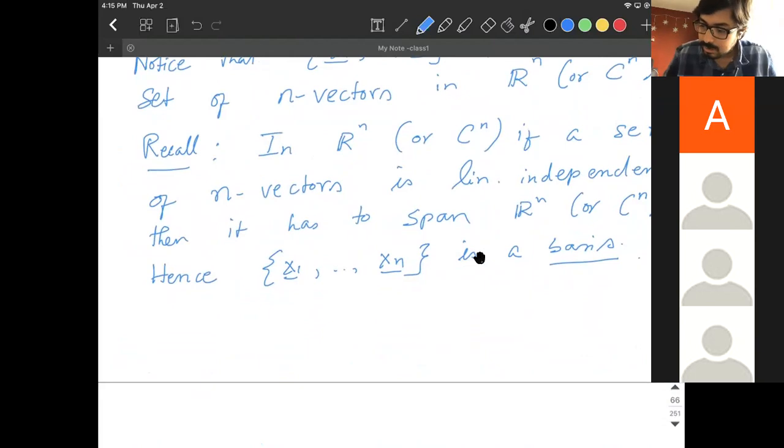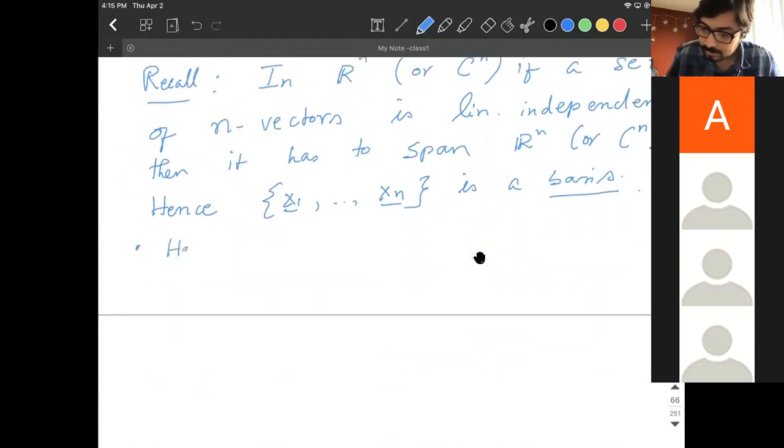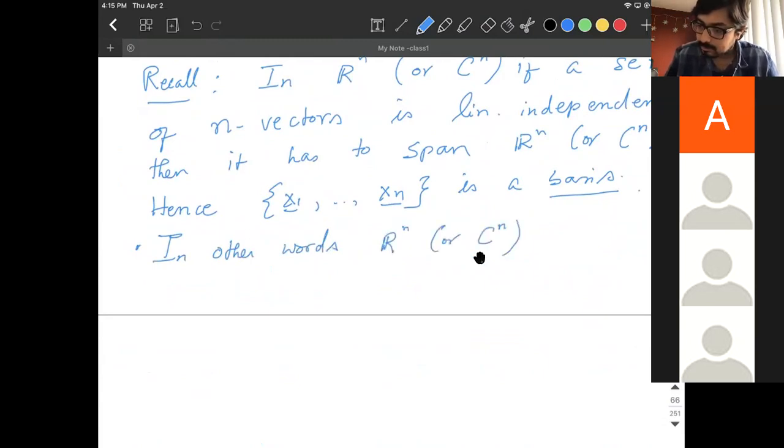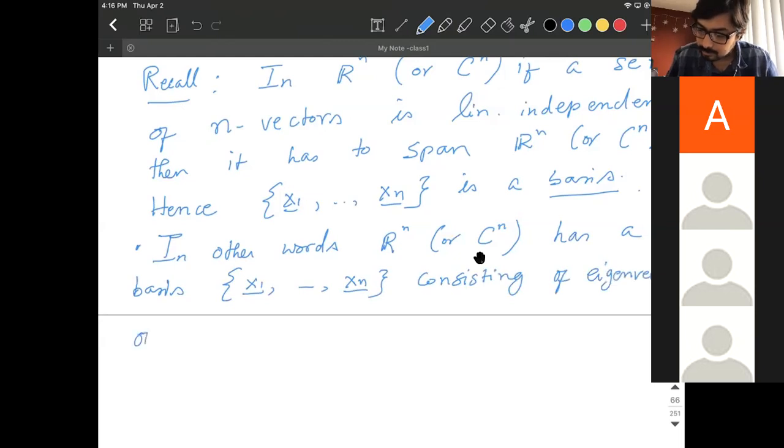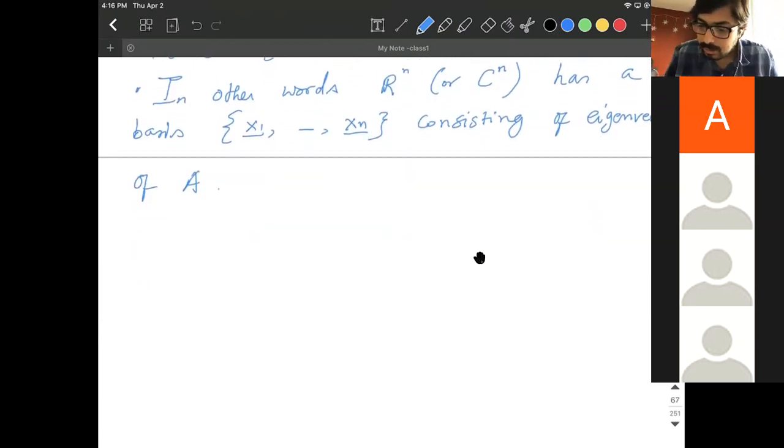We say it in the following way: in other words, Rn or Cn, once again, has a basis consisting of eigenvectors of A.